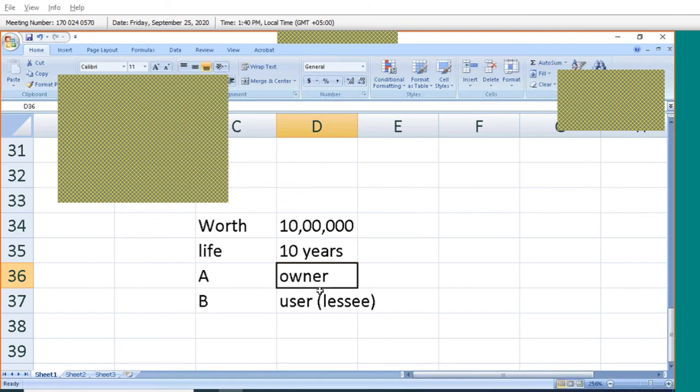Lease rent per annum is 1,50,000 rupees for 10 years. Okay.